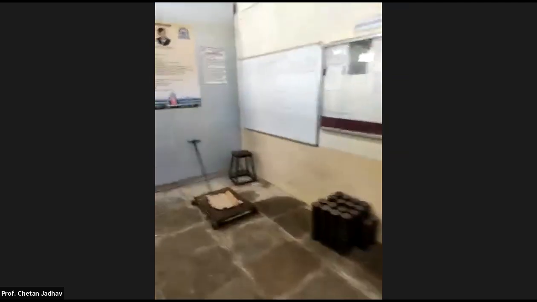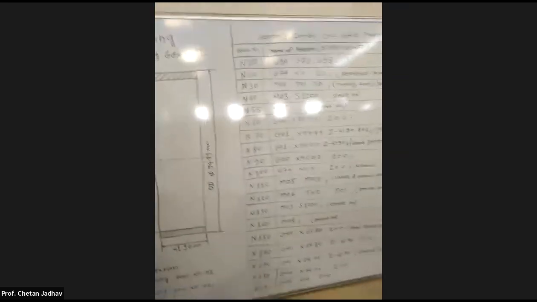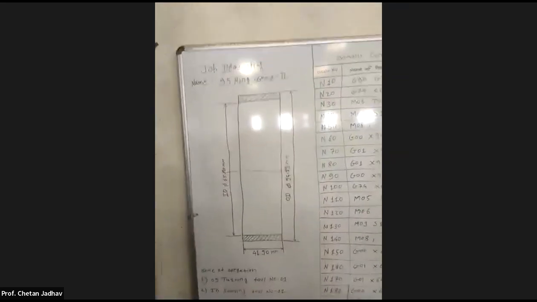Already in our theoretical lecture I gave some ideas on how to write the program, how to draw the figure, and how to mention the values in the table. You can start the program, and you must ensure your drawing dimensions and your tool movement on the drawing, which is very important.